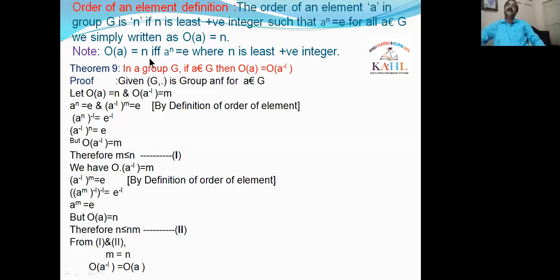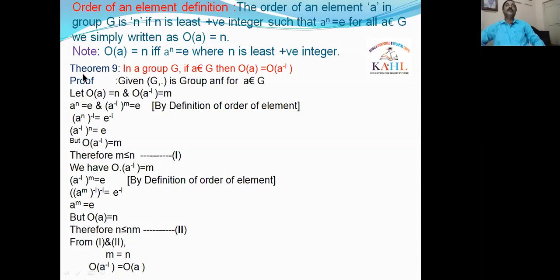That means if a power n is equal to e and a power m is equal to e, in both conditions, n and m are both positive integers, then what will be the order of a? The order of a is the least positive integer. That means, of m and n, whichever is the lesser integer, that is said to be the order of that element a.